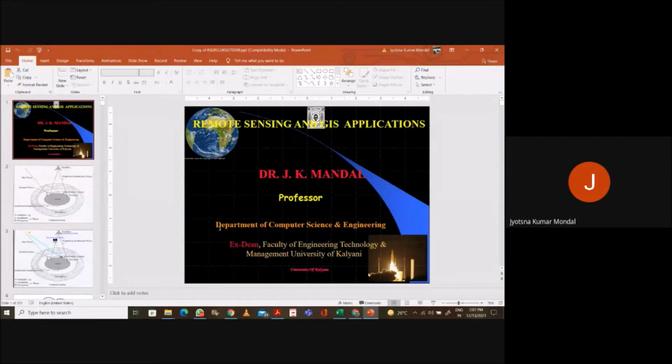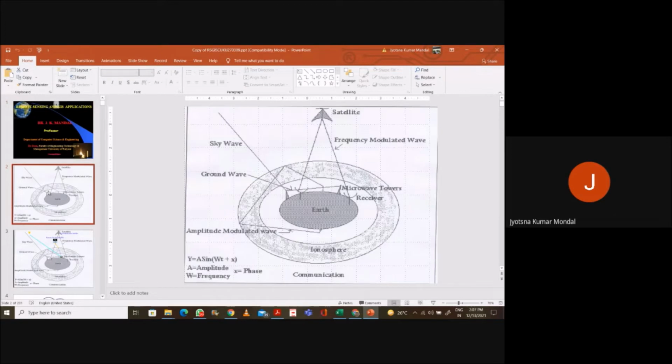Now, if we talk about remote sensing, the term itself shows that we are sensing something from remote. That means we are sensing using some sensor which is automated.